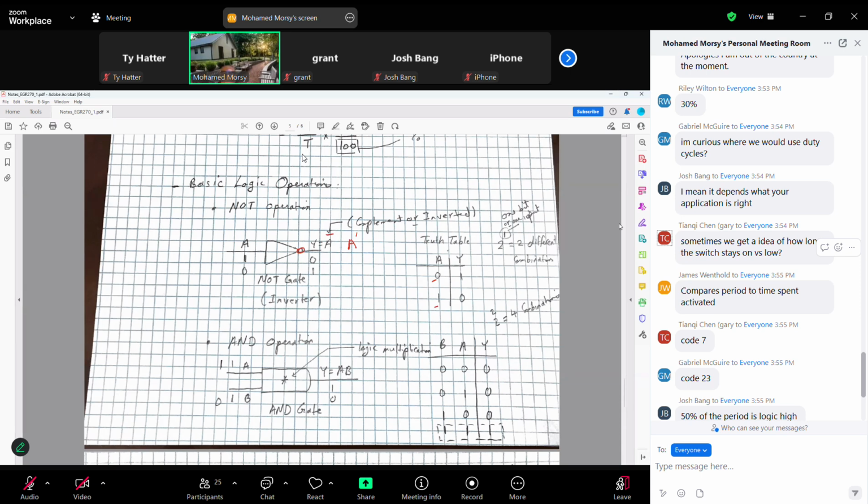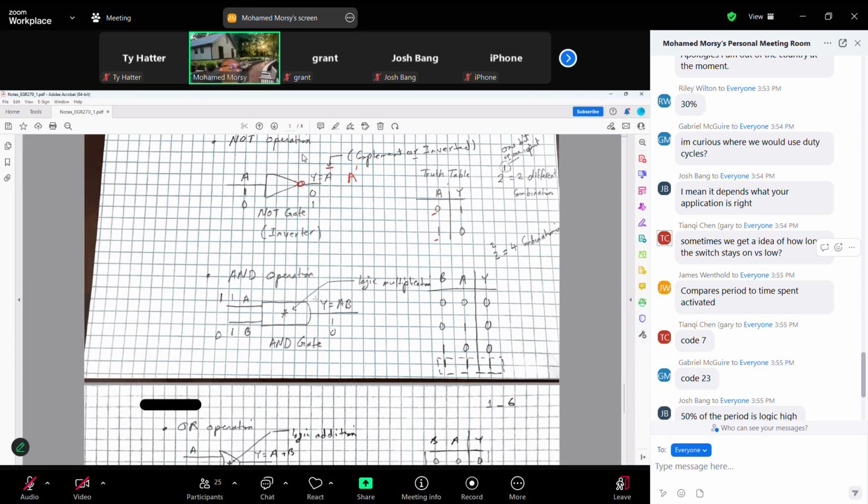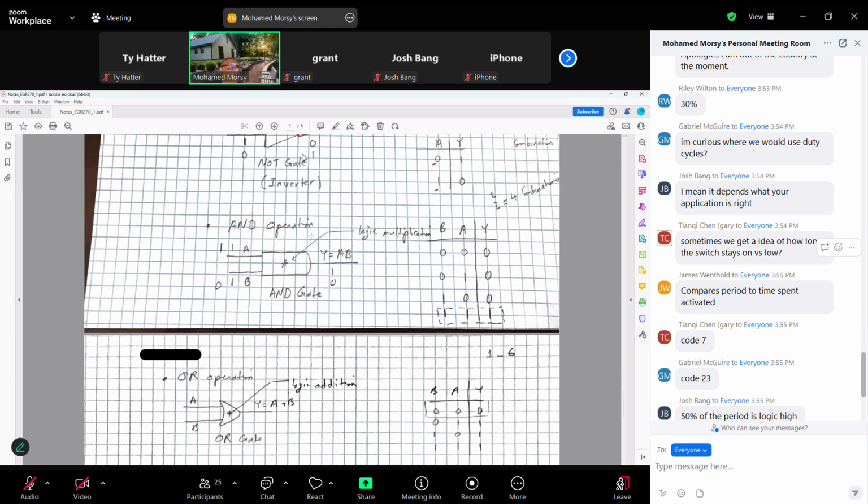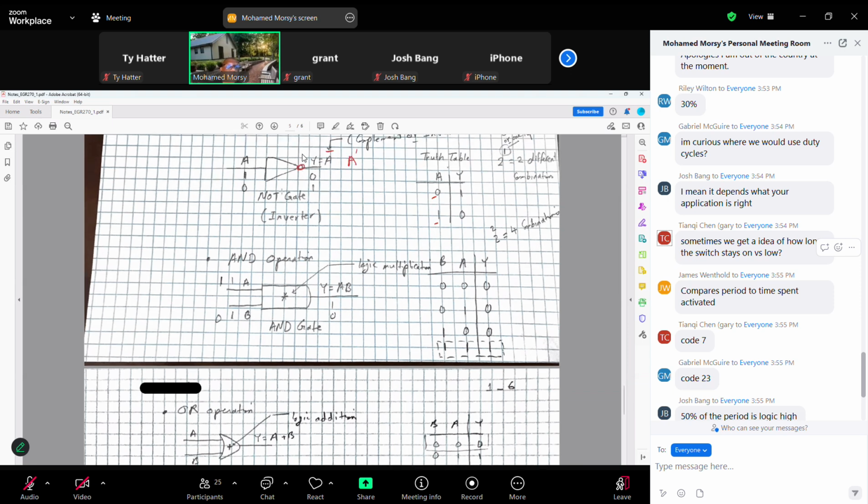The second basic gate is the AND gate, the AND operation. Only the inverter has only one input.